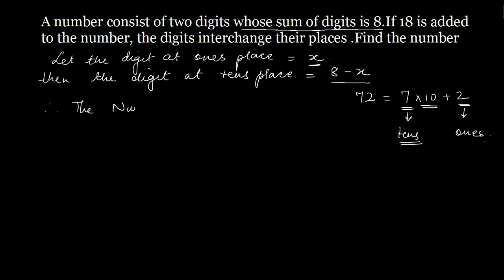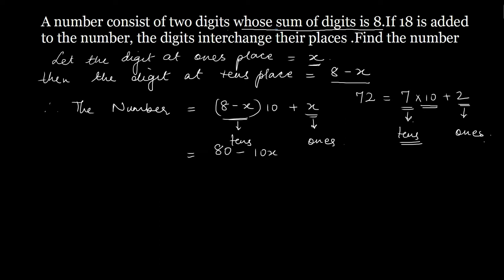Therefore, the number is equal to (8 minus x) multiplied by 10 plus x, because 8 minus x is the digit at tens place and x is the digit at ones place. This gives you 80 minus 10x plus x, which is equal to 80 minus 9x.